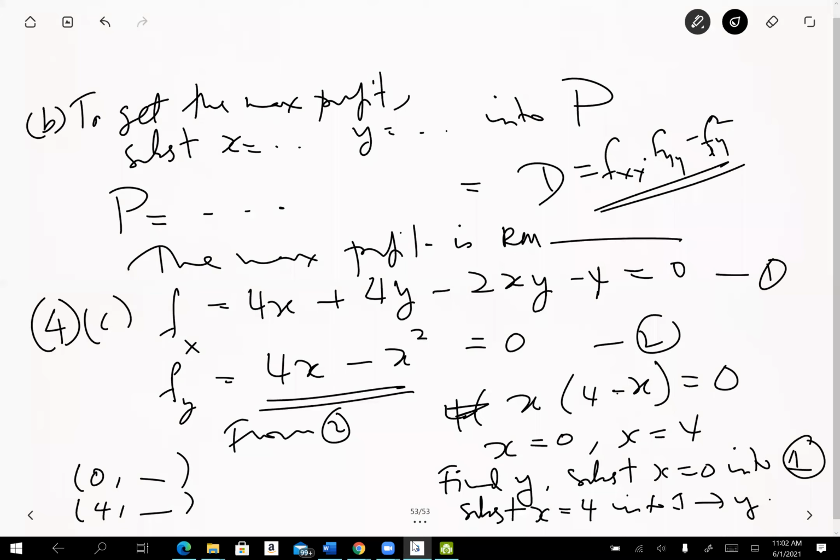Go to chapter number 3, and this is 3.5, the input-output problem.